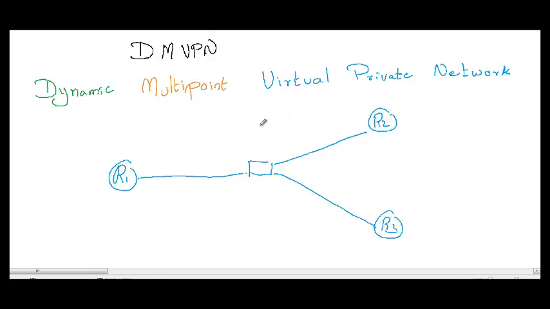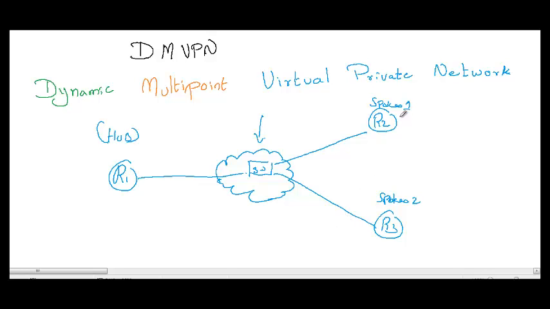In our lab environment we use a switch here, but it can be a big internet cloud. Let's say this is the hub or the head office, and these two are spokes, spoke 1 and spoke 2, the remote branch offices.